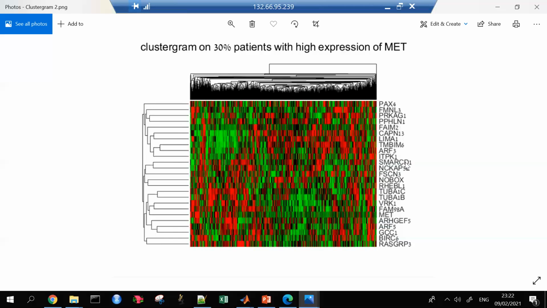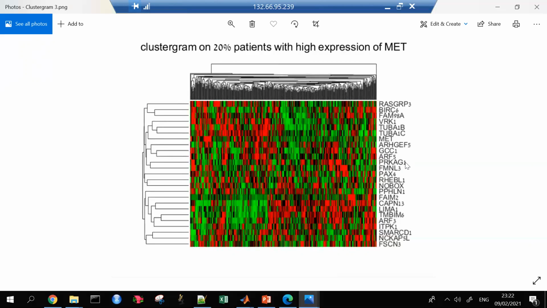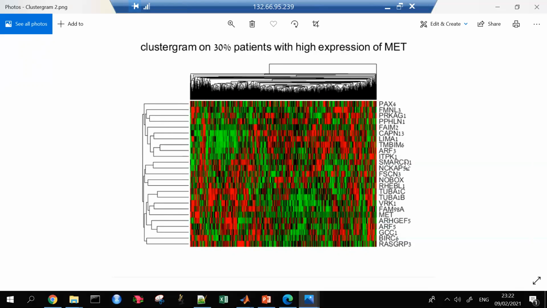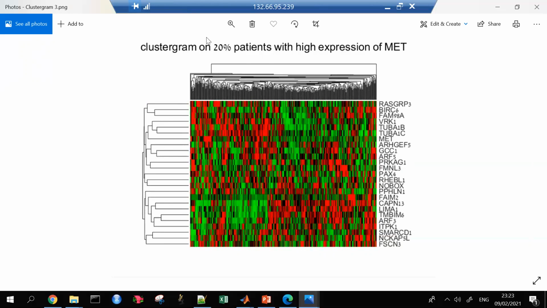And also, I did a clustergram. Oh yeah, and a clustergram is also a heat map besides a dendrogram. I also took only 20% patients with a high expression in MET and clustered together and looked at how the genes are clustered now.